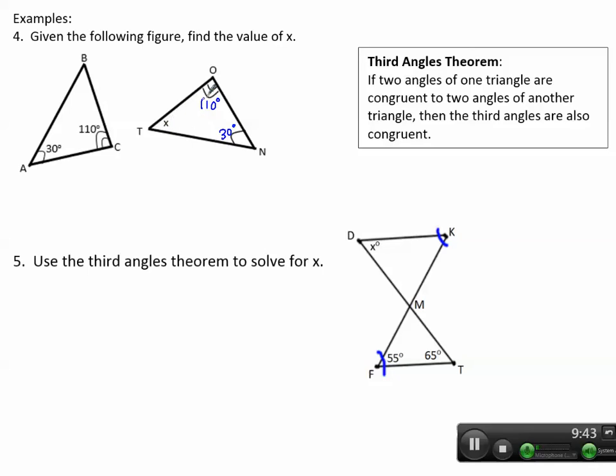And then I know that the 3 angles in the triangle have to add up to 180 degrees. So I know that x plus 110 plus 30 equals 180, and x plus 140 equals 180 when I combine the like terms. So 180 minus 140 makes 40, so x has to equal 40 degrees.